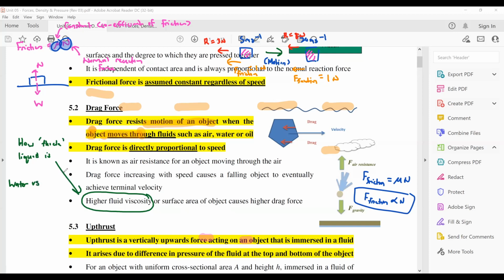If I ask you to compare between water and syrup, and I ask you to pour them, let's say this is a beaker, into this little container here, which one do you think will flow smoother, water or syrup?